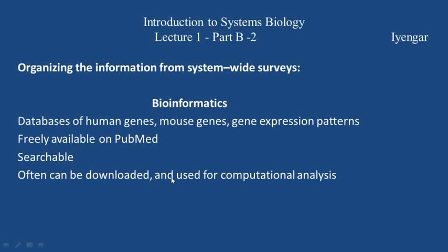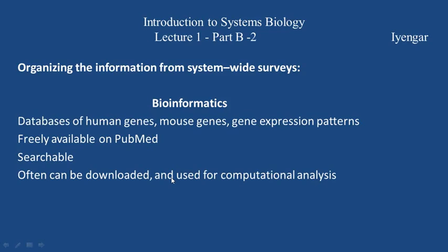So these large survey-type experiments provide a lot of information, a lot of data, and these data need to be organized in a way that will allow us to extract knowledge from the data sets. The field that deals with organizing all these large data sets is called bioinformatics.